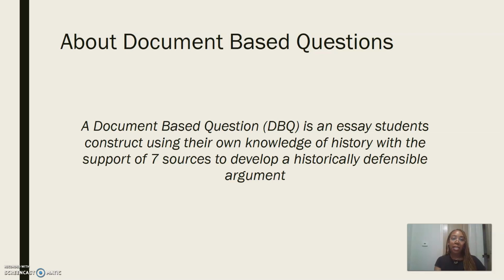You would need to use history, like factual evidence, acts, people, events, time periods, or any development to support whatever argument you want to make in response to that prompt. So in DBQs, you would use the documents to help you prove that point.